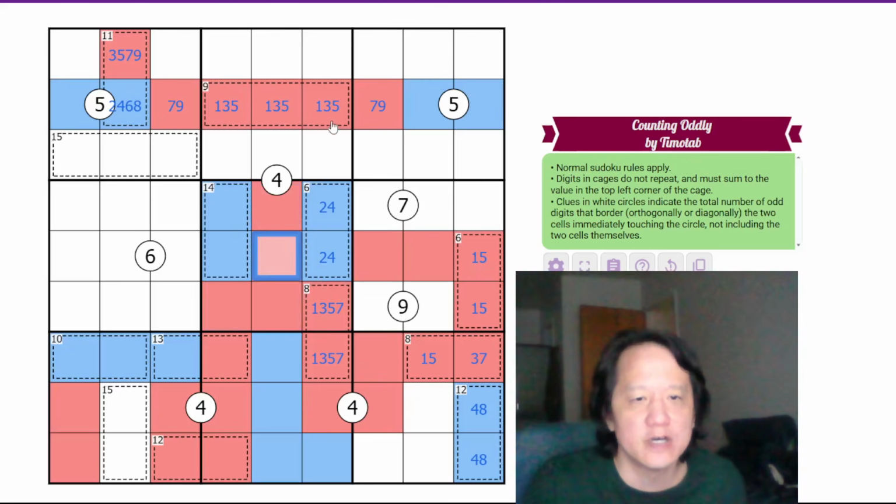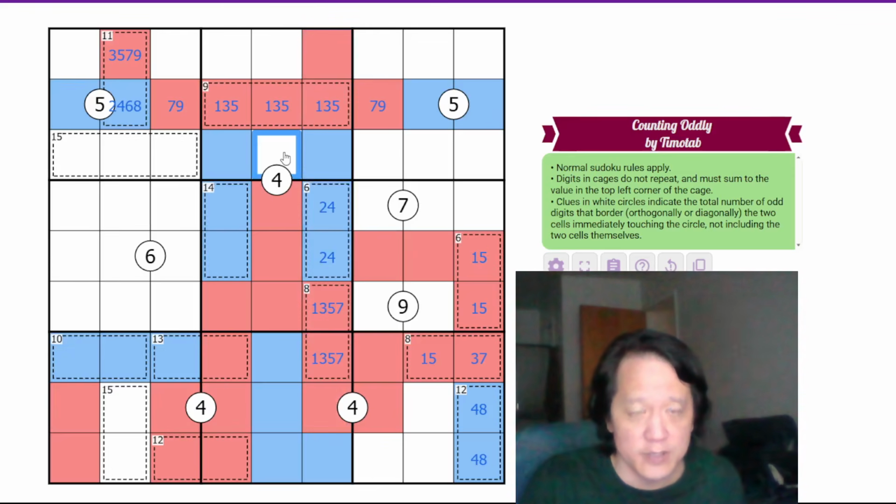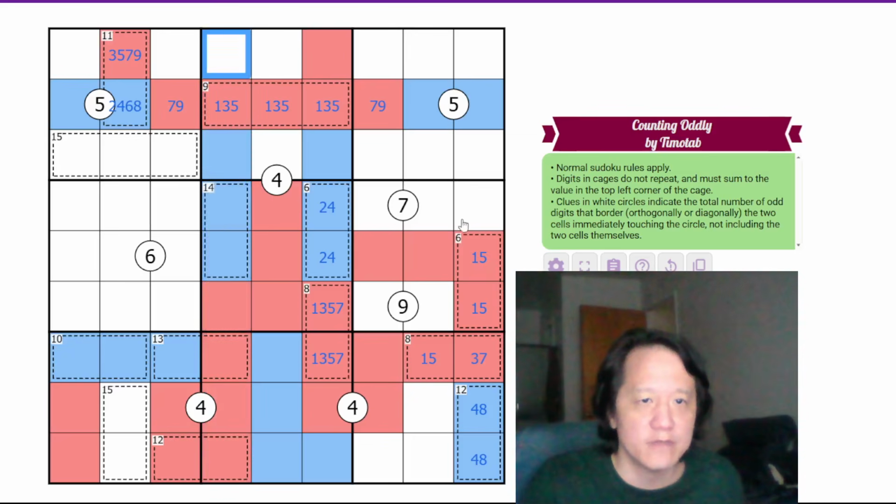Which means this is odd, so that's all 4 odds accounted for surrounding this white circle, so this is even, even. We have 4 evens in column 6, so this can't be even, it's odd. We have 5 odds in column 4, so this must be even.